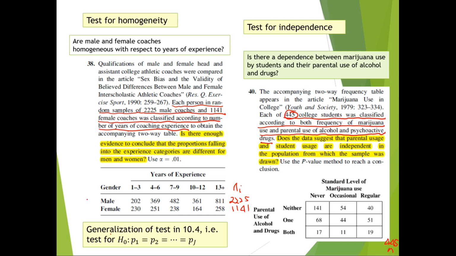So here you consider two populations and one factor, and here you consider two factors and a sample from one population. And this is the basic difference between the two, but the calculations you will see are much the same. But let's get to the theory first, and then we'll explain a little more.